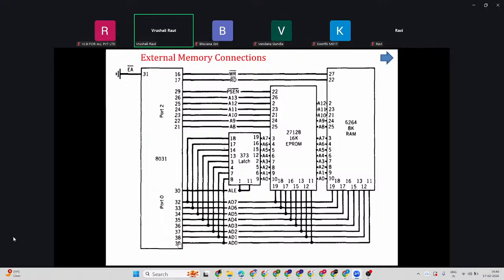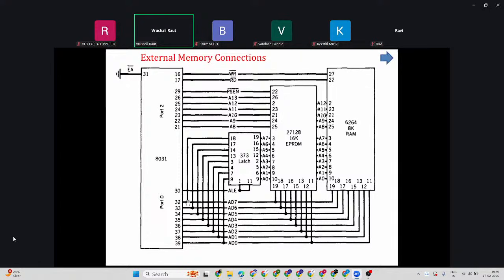This is port 0. What is port 0 handling? It handles address as well as data. That is what AD means. How many bits? 8 bits, AD0 to AD7.